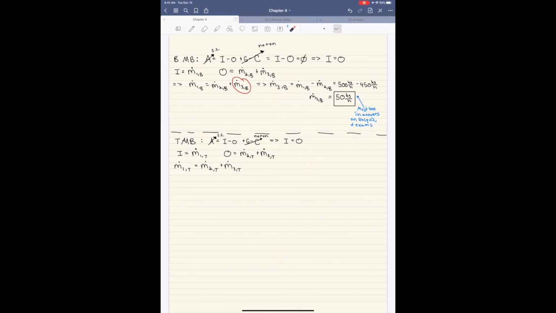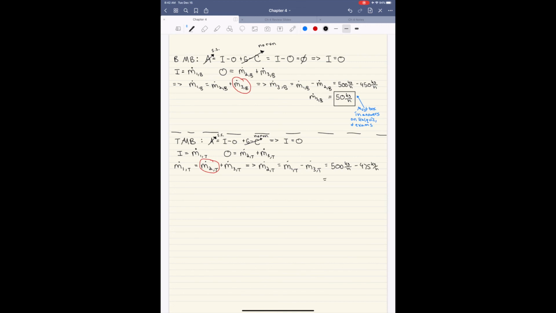In this equation, we know what M1T is, and we also know what M3T is, but we don't know M2T. So just by performing some algebra, we could solve for M2T. So M2T is equal to M1T minus M3T, which is equal to 500 kilograms per hour minus 475 kilograms per hour.